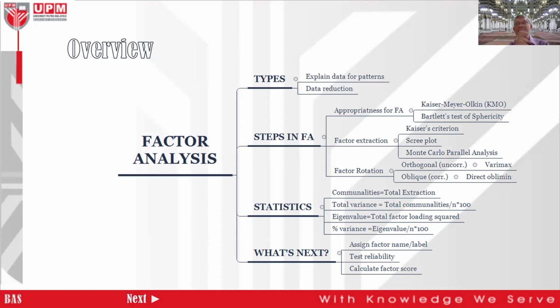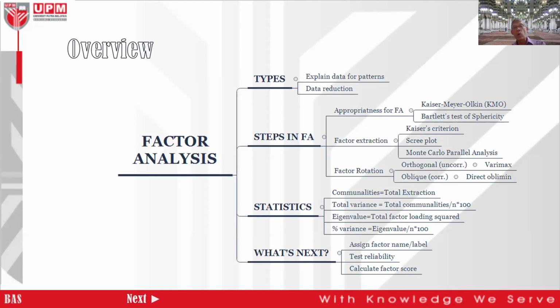So with Bartlett's test of Sphericity, we want to prove that our data is not an identity matrix. If it is not an identity matrix, it is appropriate for you to run EFA. That is, we want to test the appropriateness of your data for factor analysis. Okay, that will be stage 1.